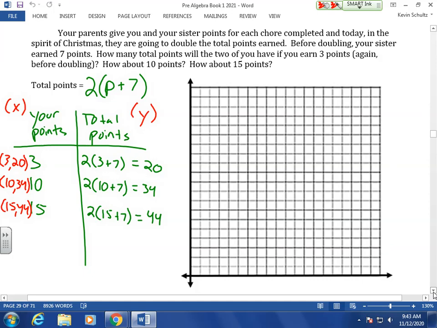For tomorrow, I would like you to just graph this situation on the coordinate plane here. So you need to decide, what are you going to count up by? Are you going to put your x-axis by ones, or by twos, or by threes? What's going to make the data best fit? And then knowing that your maximum y value is 44, how are you going to divide your y-axis? By ones, by twos, by threes, or whatever.